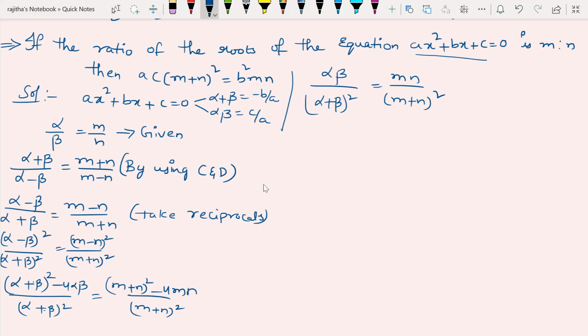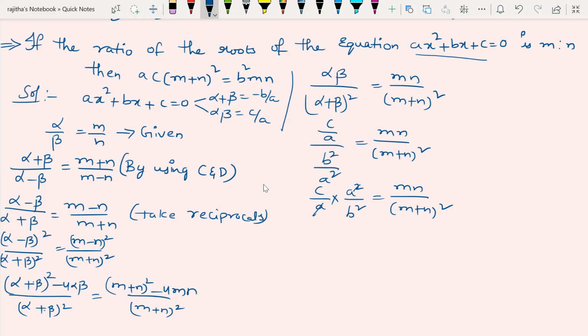After applying the product of the roots and sum of the roots, c by a by b square by a square, that is (minus b by a) whole square, is nothing but b square by a square, equal to mn by (m plus n) whole square. C by a into the denominator comes to the numerator, a square by b square, is equal to mn by (m plus n) whole square. AC by b square is equal to mn by (m plus n) whole square. So here, by cross multiplication, AC into (m plus n) whole square is equal to b square mn, hence proved.